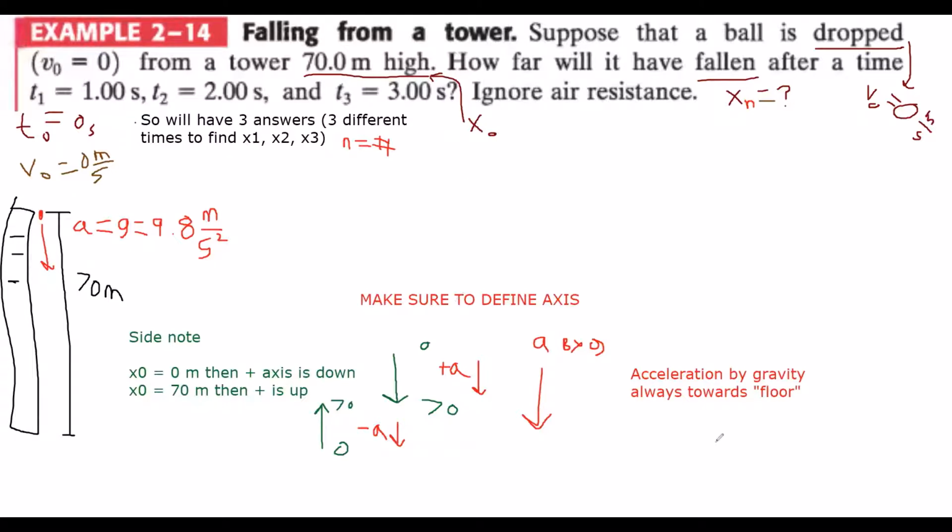So for me, I'm defining my axis as this one, where this is the positive, because this is x naught. That way I can keep the x1, x2, x3 in order. So let me write that.